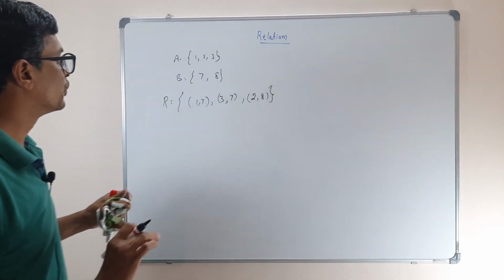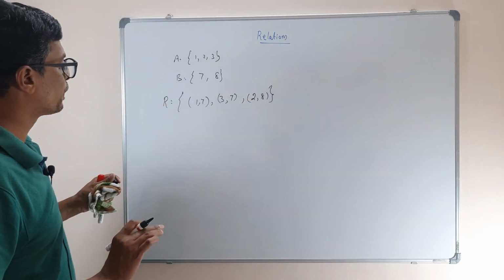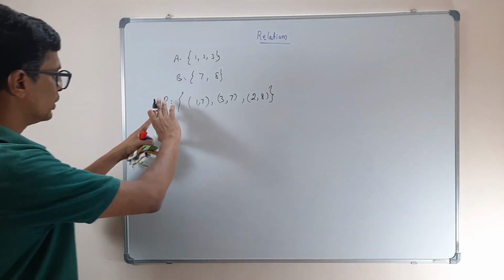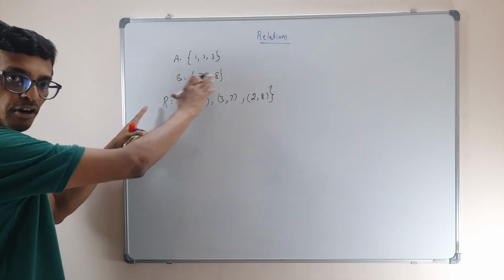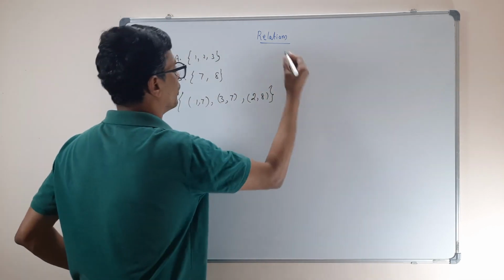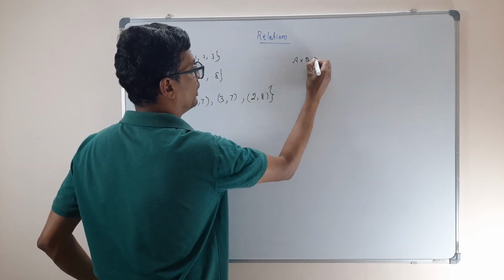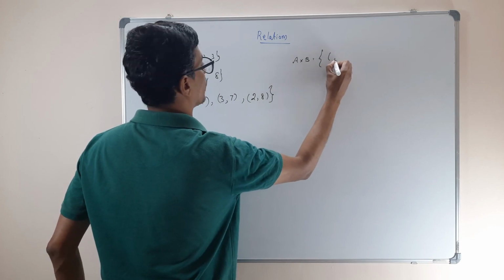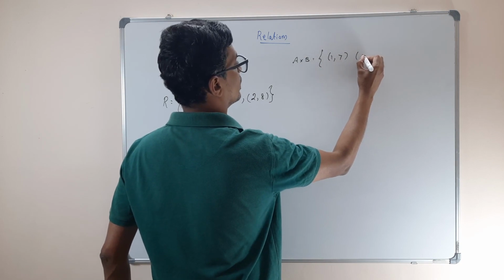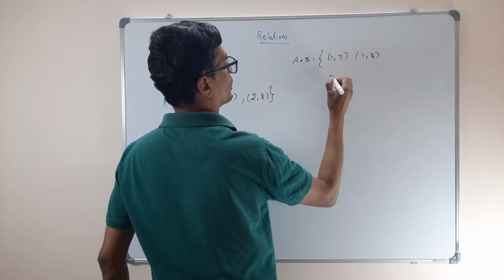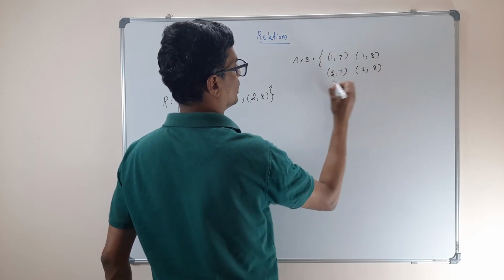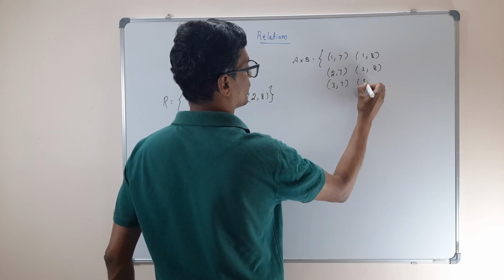Now, any relation you form will be a subset of A cross B. Am I right? Because A cross B will contain all the elements: (1, 7), (1, 8), (2, 7), (2, 8), (3, 7), (3, 8).